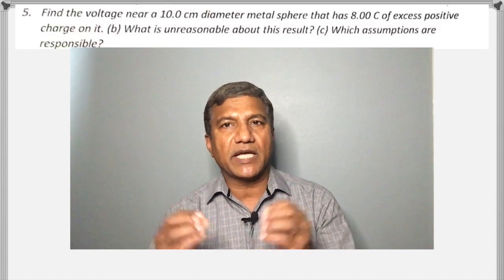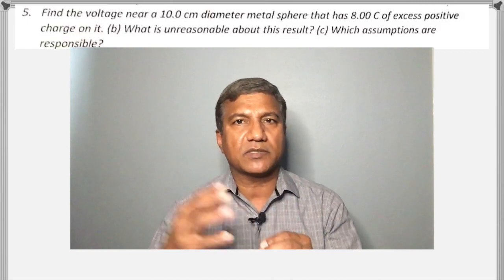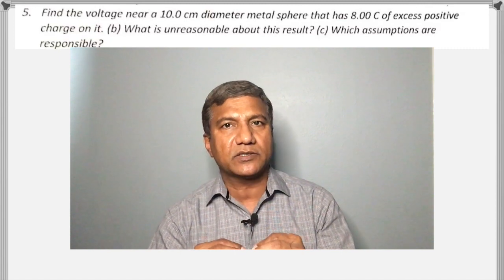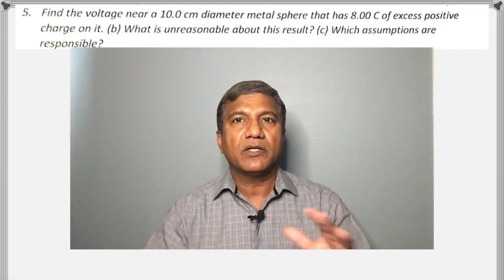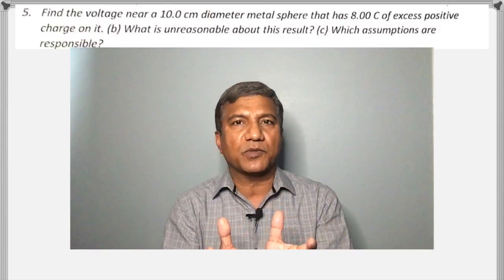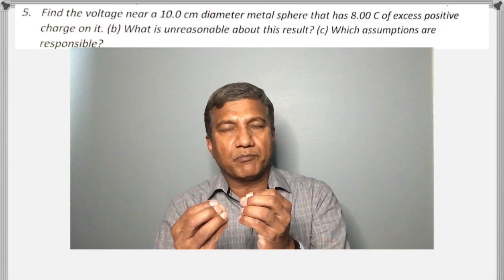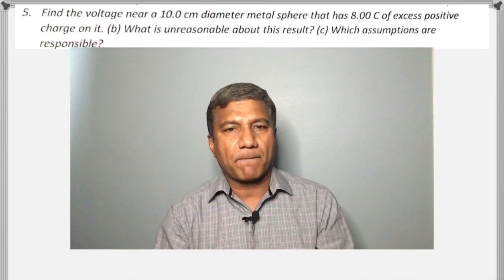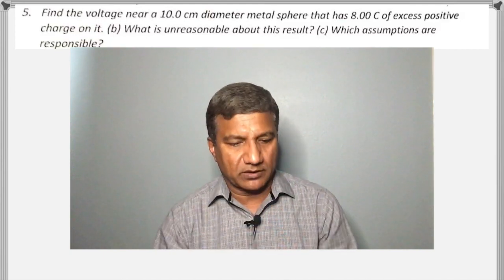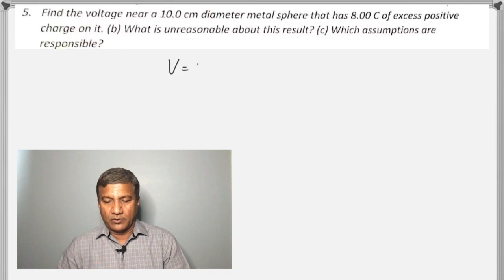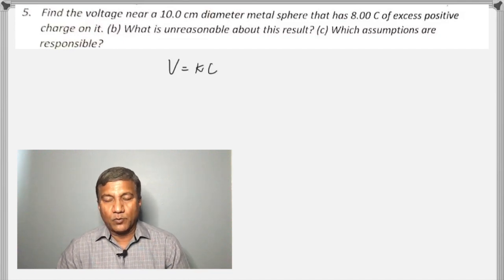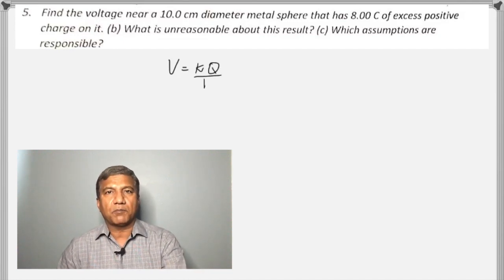So we could now take the formula for voltage due to a point charge and calculate this voltage, because we are assuming that the entire charge on the sphere is placed at its center as a point charge. And so when we do that, we use the formula for a point charge.